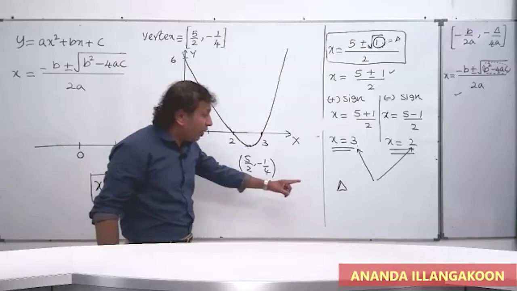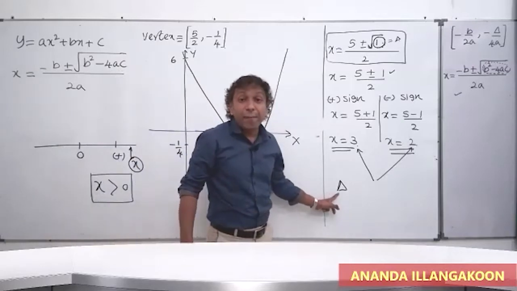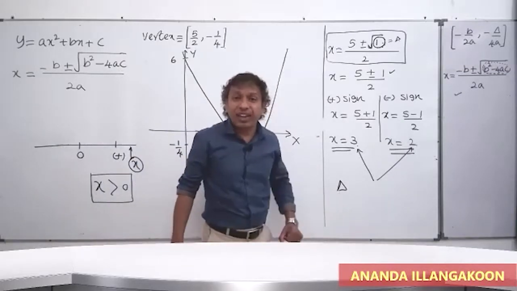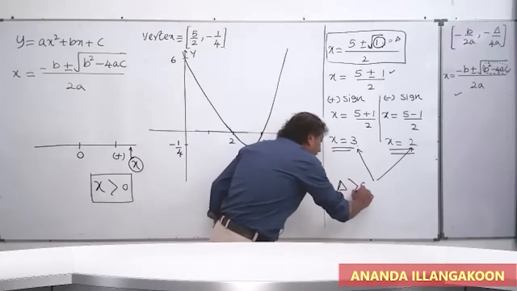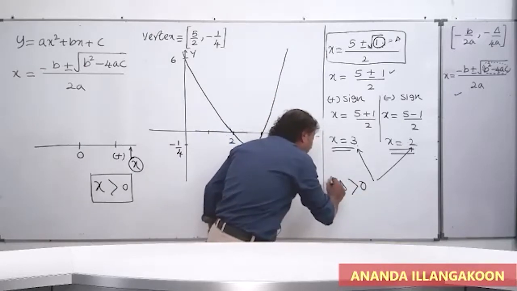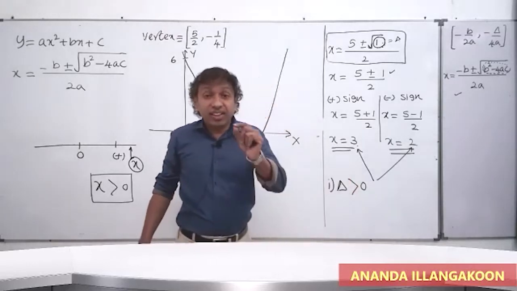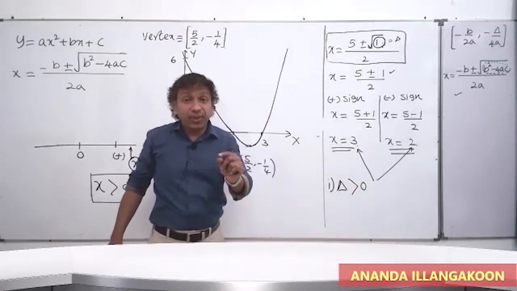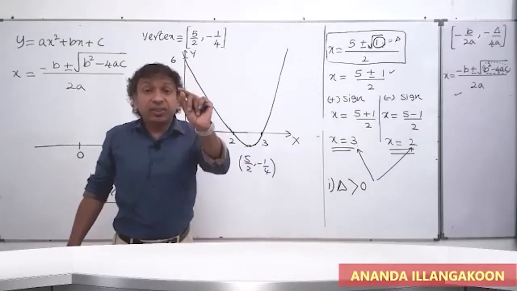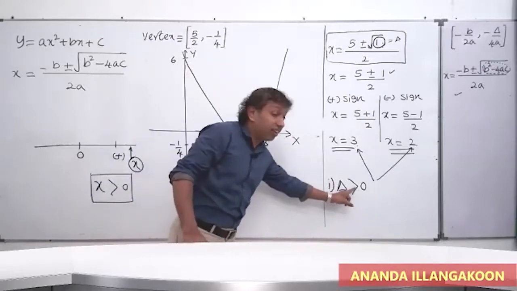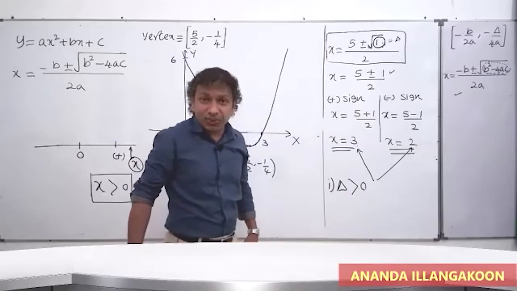So therefore, in order to say this delta, the discriminant, is positive, people, how to write that? Delta greater than 0. Therefore, you can very clearly understand the condition required to have real distinct roots is, people, delta greater than 0 or delta positive.